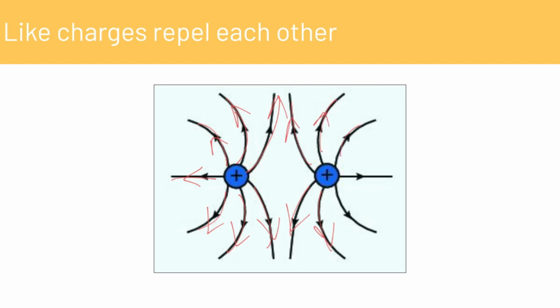So we think of these as ions, or these could be 2 objects that just have more protons than electrons. And you can see that as they come close to each other, they're pushing off each other. These lines of charge are repelling each other. They're bending away from each other. So they are repelling each other.